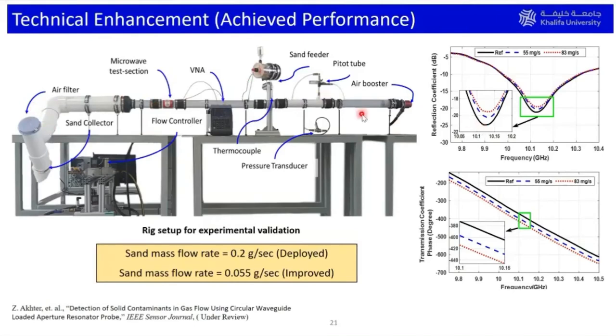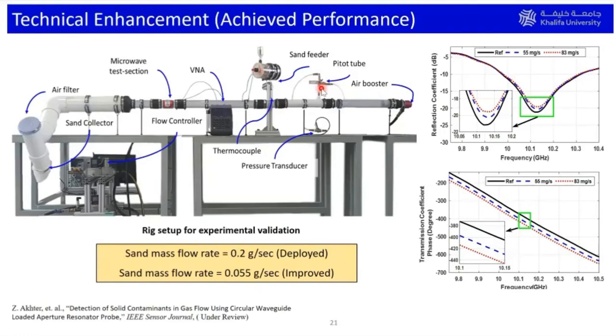Here we provide the air supply from the compressor, and this is the air booster, which takes some air from the environment and creates a laminar flow of air. Then these are various other sensors.